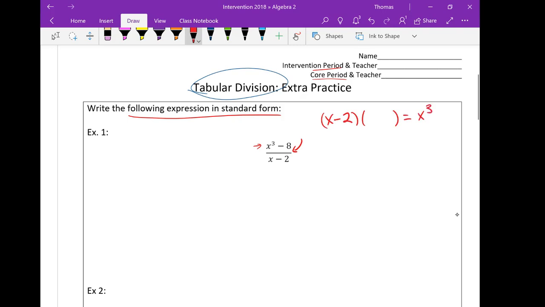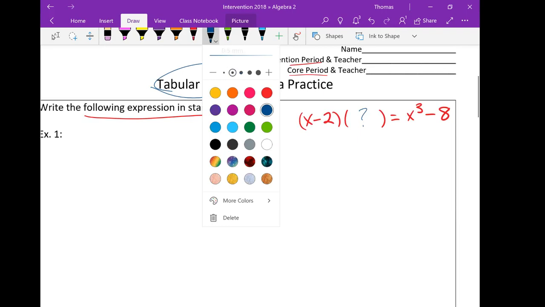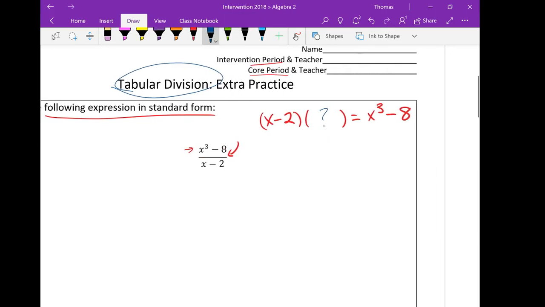So in this problem, we could also write it as a multiplication problem, saying some polynomial times x minus 2 gives us the polynomial x cubed minus 8. So if we wanted to find that missing piece, we would need to divide out this x minus 2. What we do to one side of the equation, we have to do to the other. So basically, we're looking for a missing piece in a multiplication problem when we're doing division.